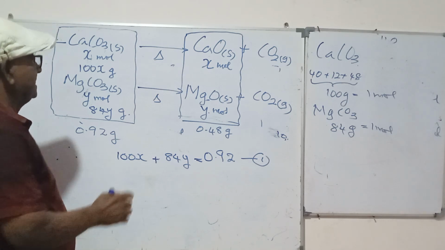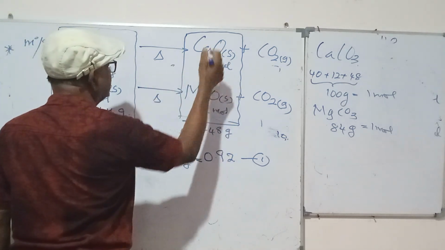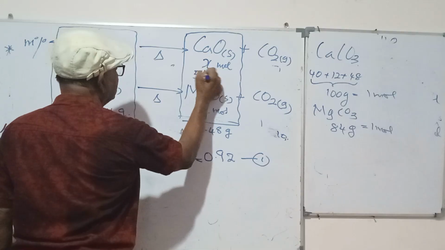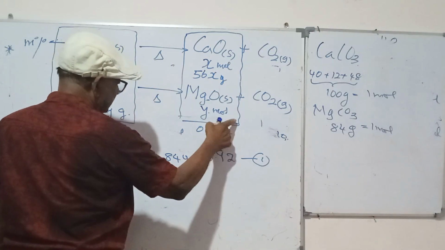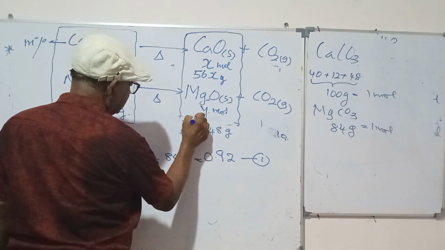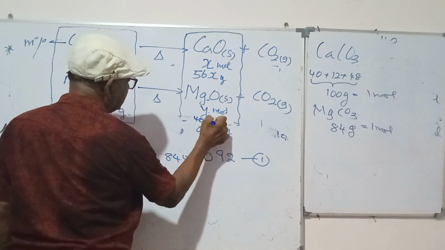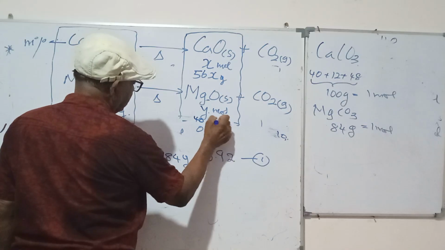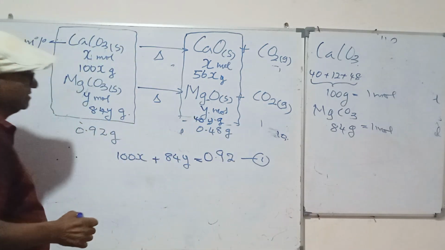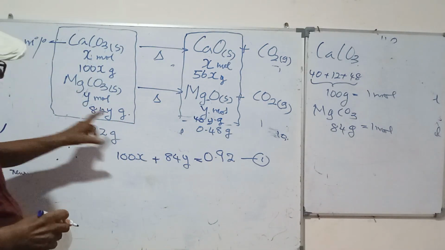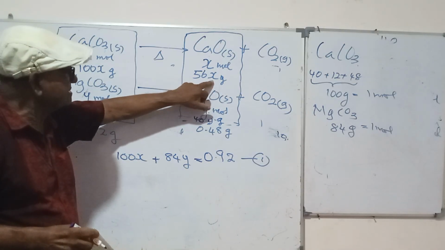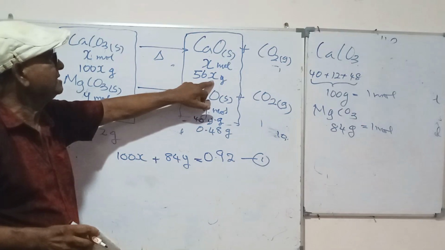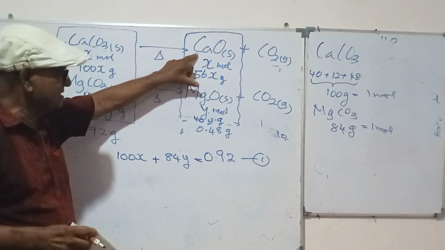Similarly, calcium oxide has 56 grams per mole, so 56X grams is the mass of calcium oxide.